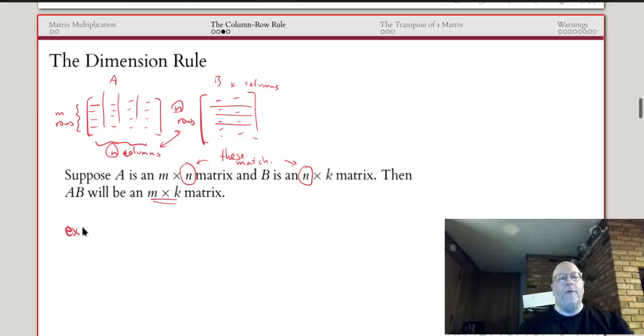So for example, if A is a 2 by 5 matrix and B is a 5 by 7 matrix, then A times B will be a 2 by 7 matrix. The inside numbers cancel, the outside numbers give me the size of the answer.